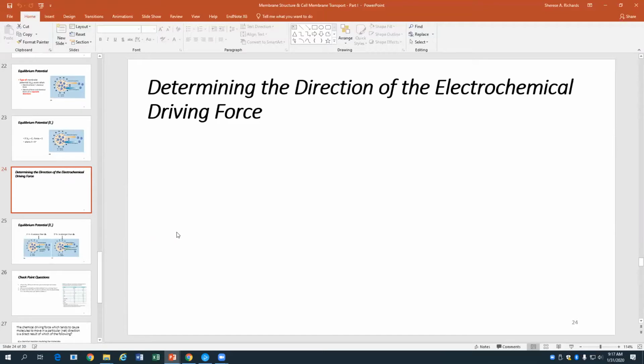If both forces were acting in the same direction, we would simply sum those forces together, and that would be the net direction. And then the overall magnitude would be the size of the driving force. But things get a little bit more tricky when we have electrical and chemical forces that are acting in opposite directions. And so we're going to talk about how we can determine the actual direction of movement.